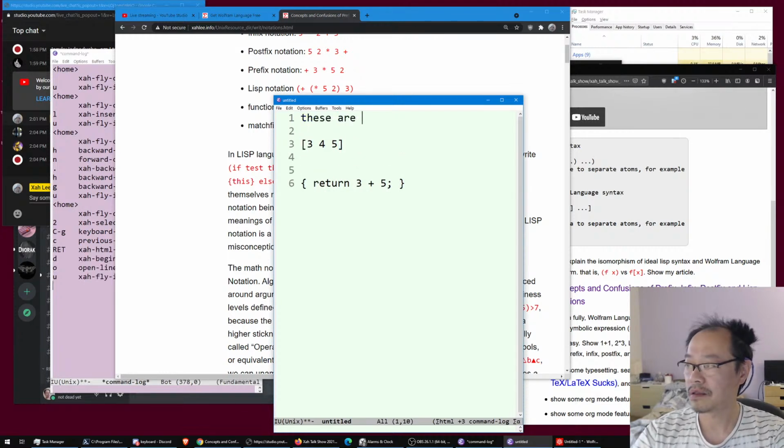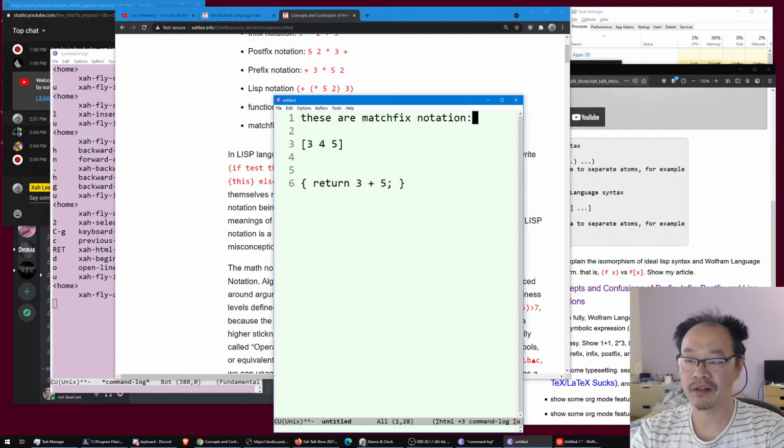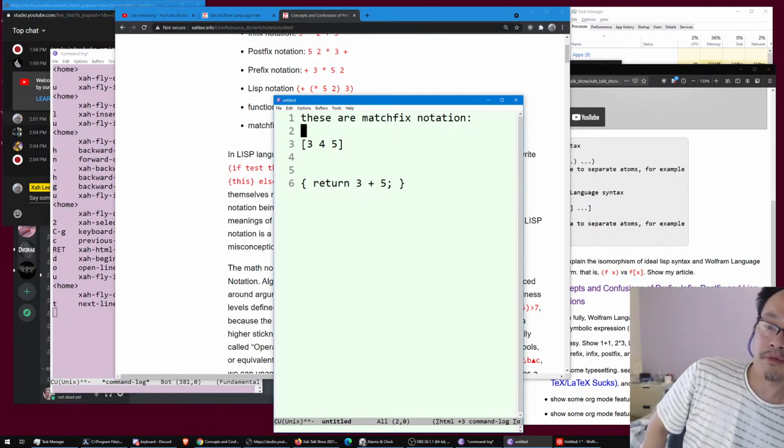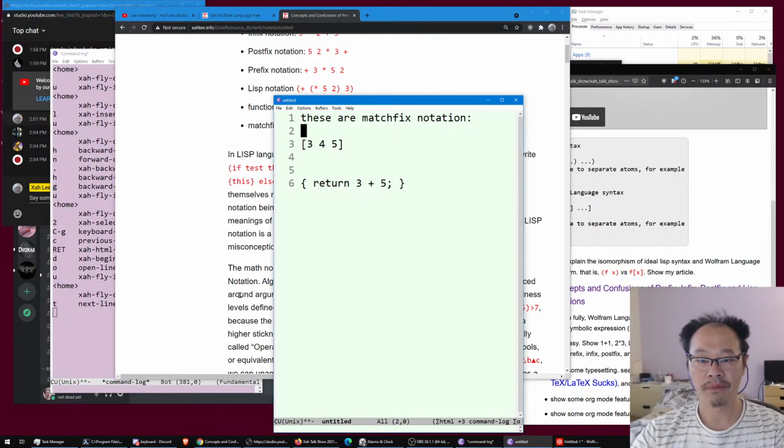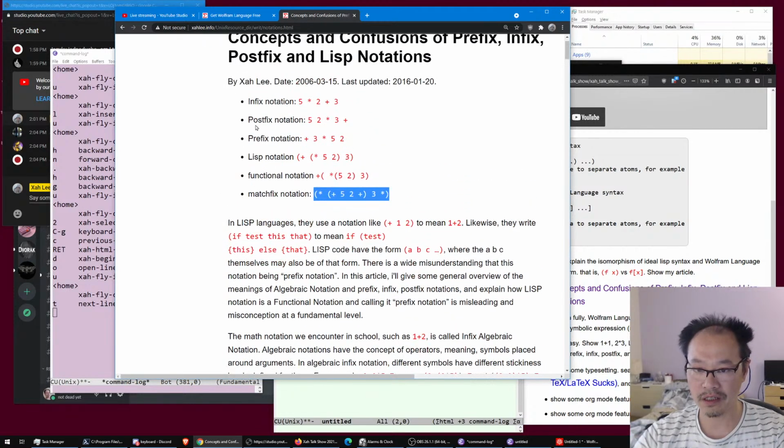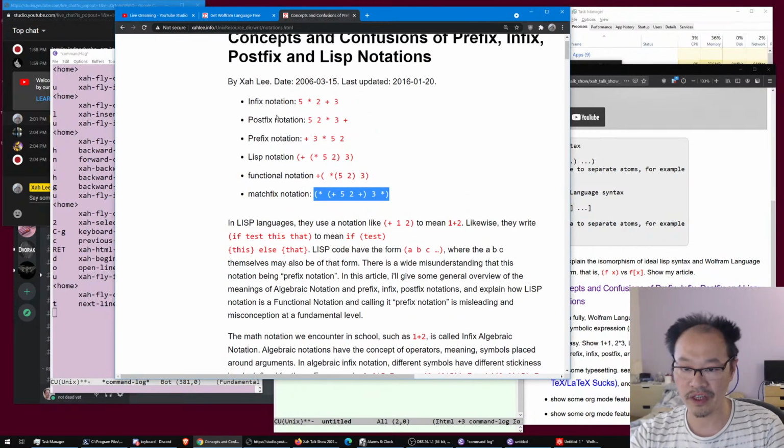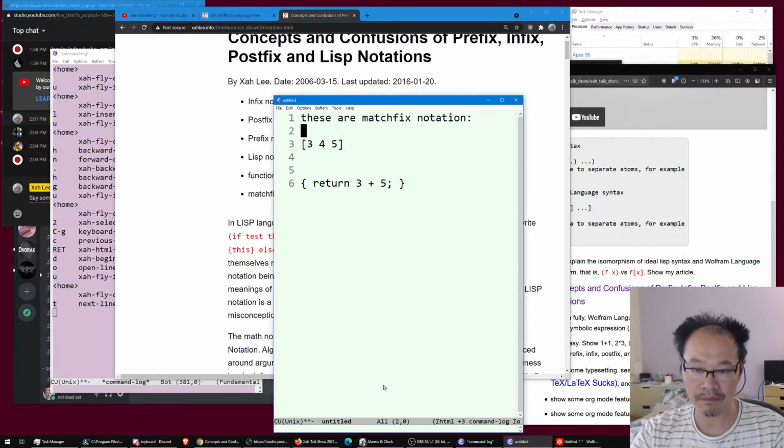These are called matchfix notation. There is actually no standard name for this kind of notation, but to be consistent with the infix, postfix, prefix kind of thing, we call them matchfix. This is what Mathematica calls it.